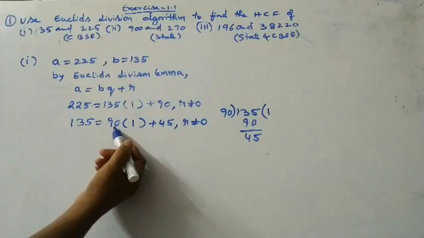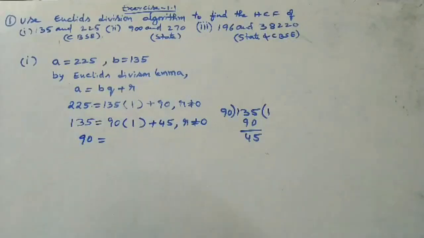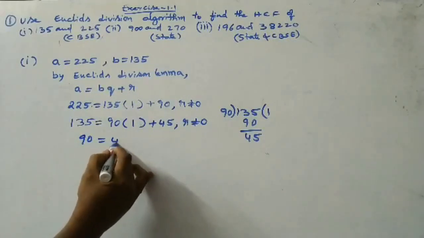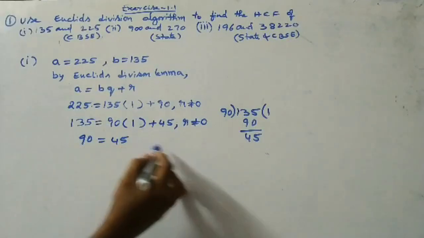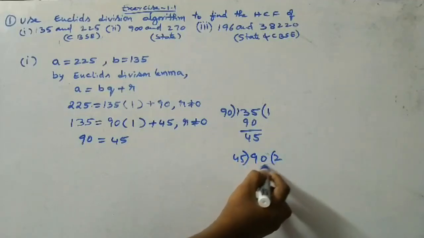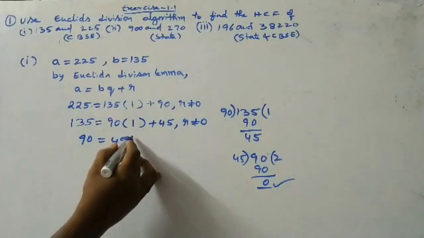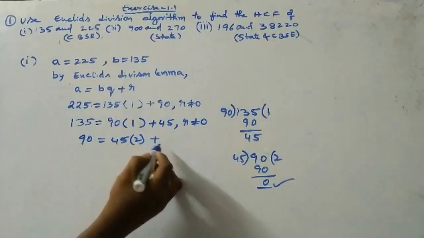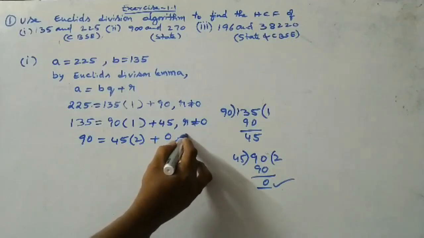Again we will take the divisor 90 as dividend, and the remainder 45 as divisor. 45 in 90, how many times? It will be cancelled 2 times. So 45 into 2 is 90. The remainder is 0. Observe, is the remainder 0?